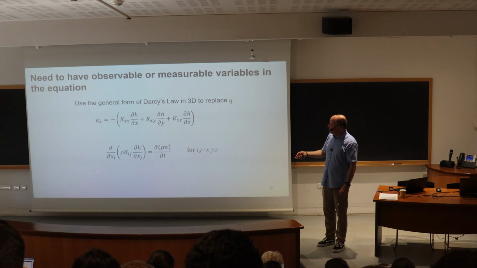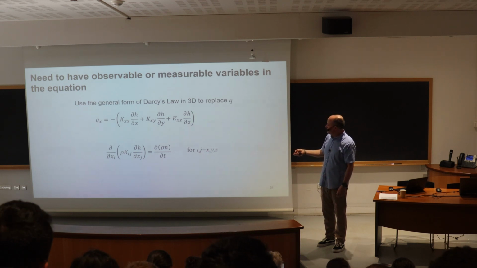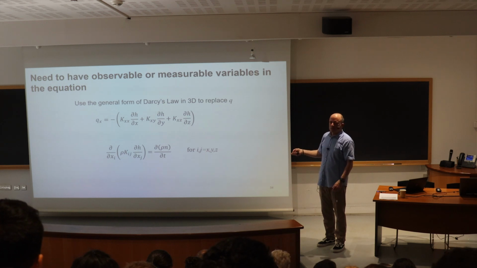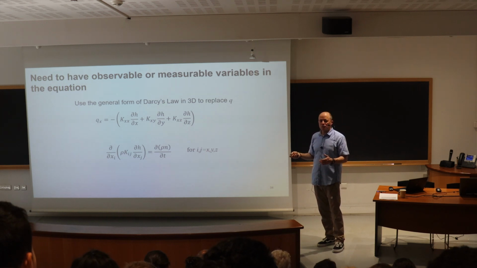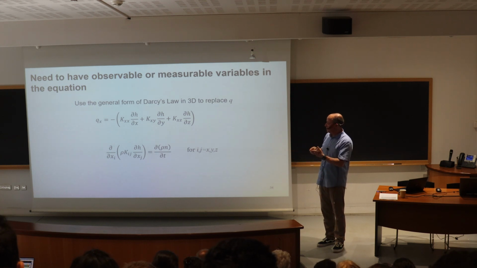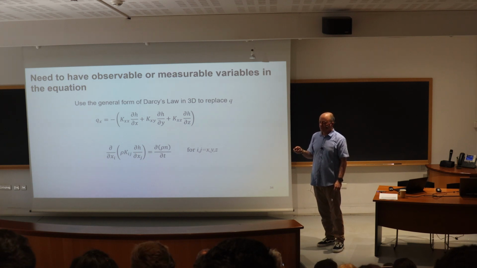And this would be the equation in general 3D. We have indices ij that range from x, y, and z. So we would have the 9 components of the hydraulic conductivity tensor in our expression. So we have hydraulic conductivity, and we have the gradient here, hydraulic gradient, in the x, y, and z directions.